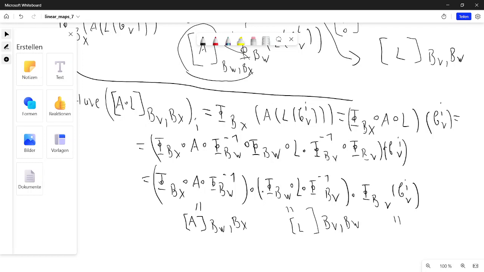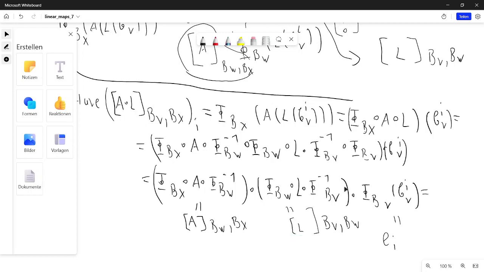Well, you recall that this is the i-th column e_i of the matrix I_n, because this is just the basis coordinate map in the basis applied to the i-th basis element. And this, of course, gives the i-th column of the multiplication of both matrices.